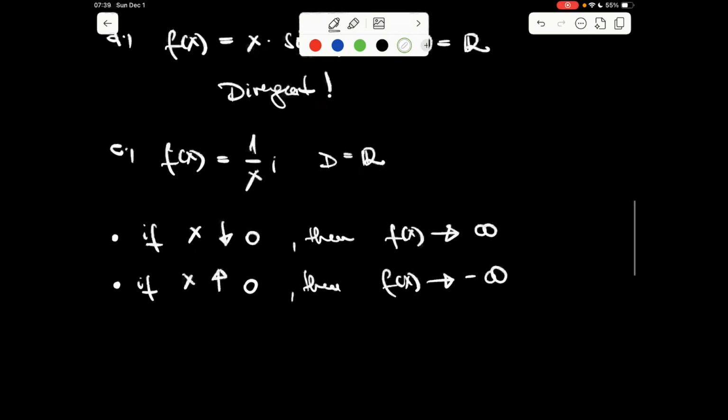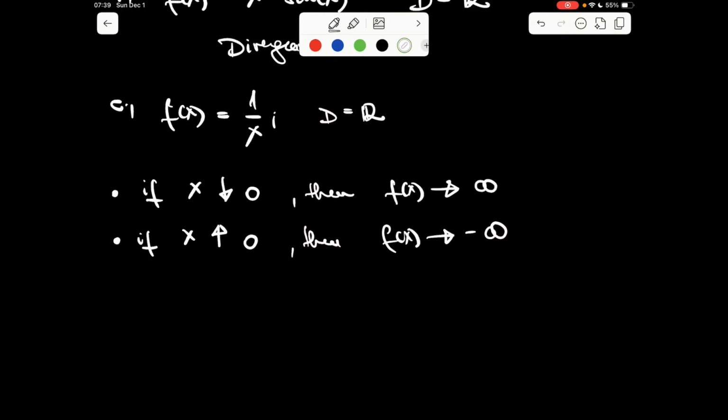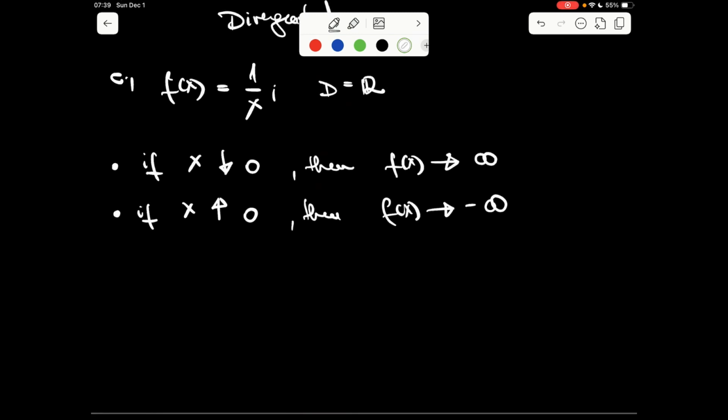So again, we have a divergent function, so there is no such thing as the supremum of f. So in short, we can say that the supremum of f(x) in cases D and E doesn't exist.